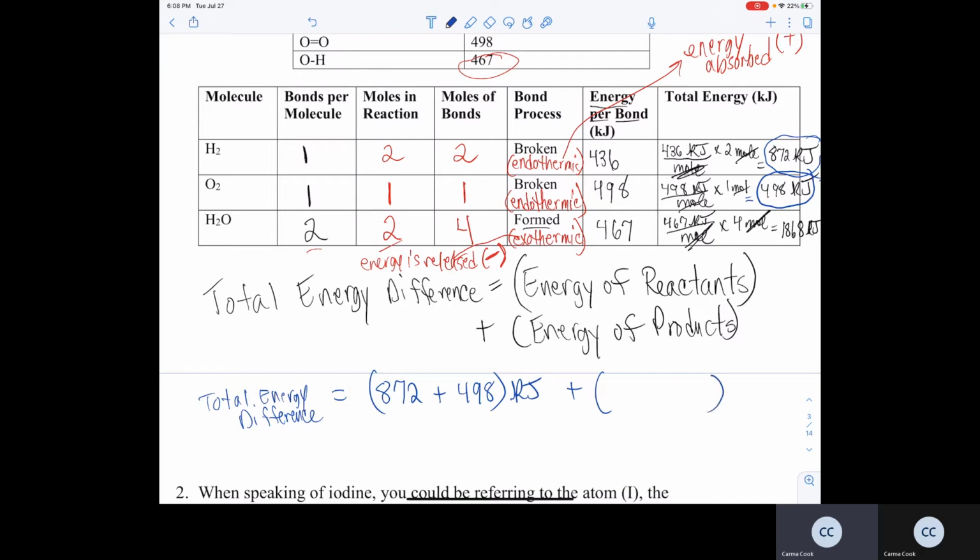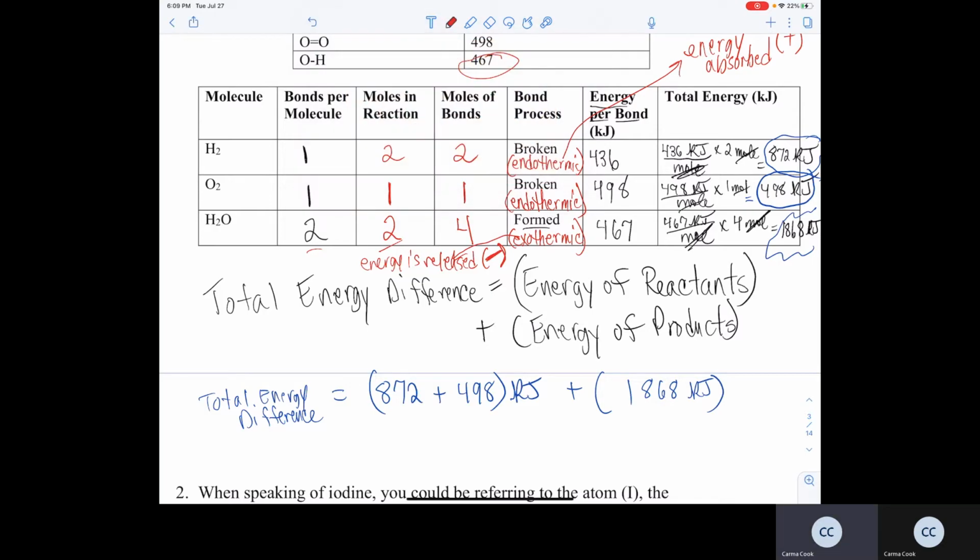We only have one product, and that's water, and that is 1868. But water is a product and bonds were formed, and that's an exothermic process.